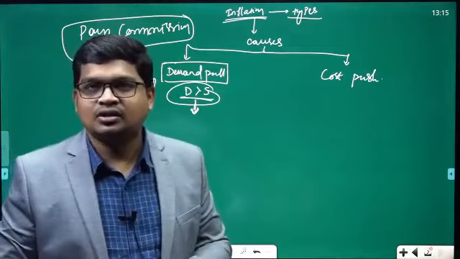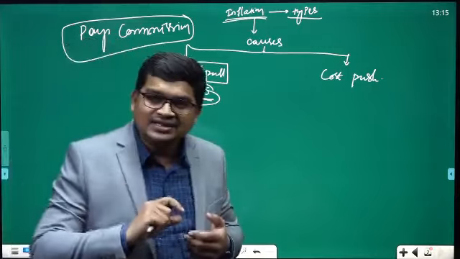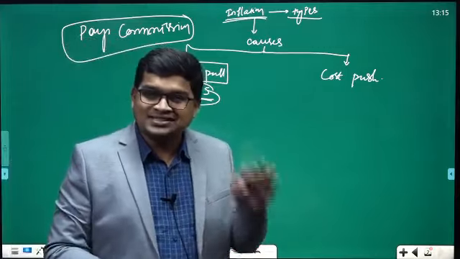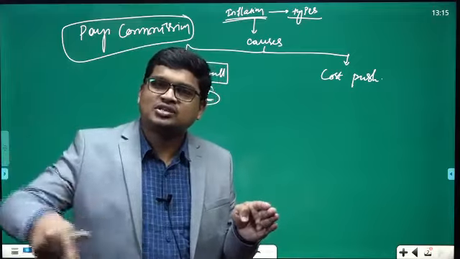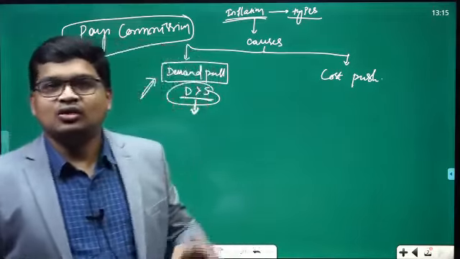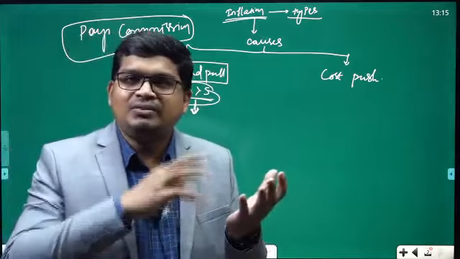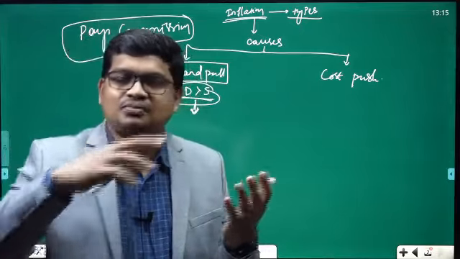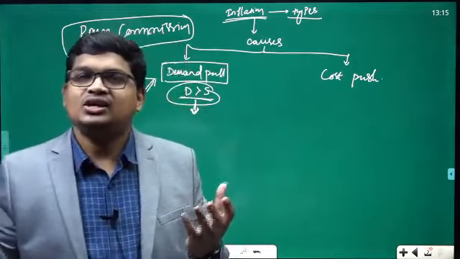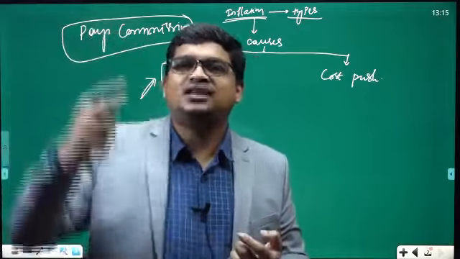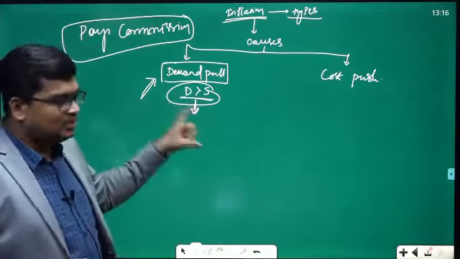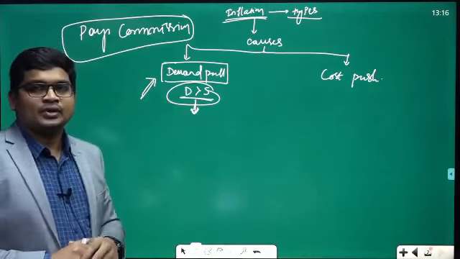What did the government do? Injected money into the economy. But at the same rate, you cannot increase the production of goods and services. So demand has increased, but supply could not increase at the rate of increase in demand. So that leads to demand pull inflation. Clear?